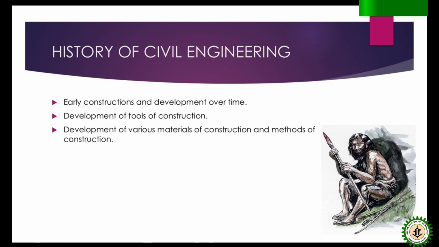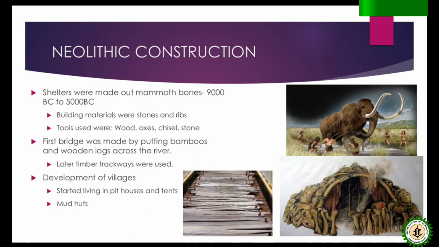With the tools they started hunting and then they started storing food, so they needed a place to live. Then they settled mostly at the banks of the river. Then the concept of construction started, villages started, so they wanted tools for construction. Then the development of various materials and methods for construction started. Let's see how it went.